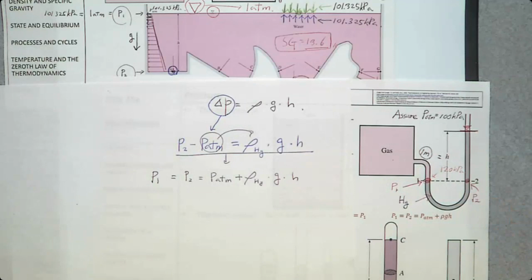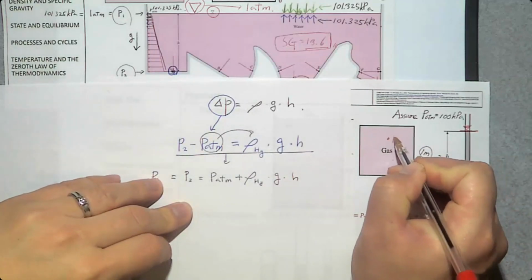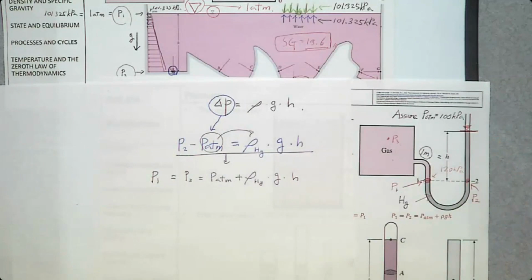Then what is the pressure somewhere in the middle of this chamber? Let's say here, P3. Is P3 greater than P1 or is P1 greater than P3? Technically, P1 is greater than P3 because pressure increases in the gravity direction.